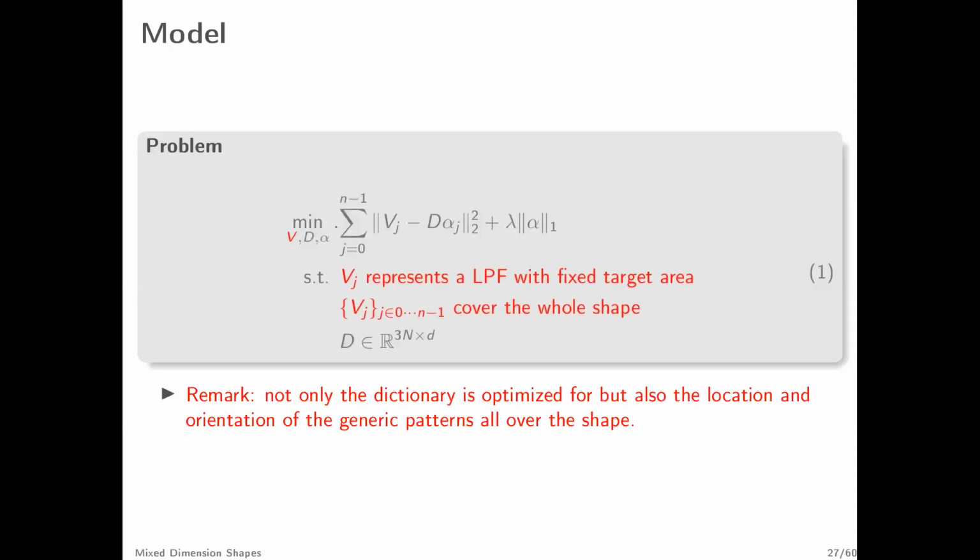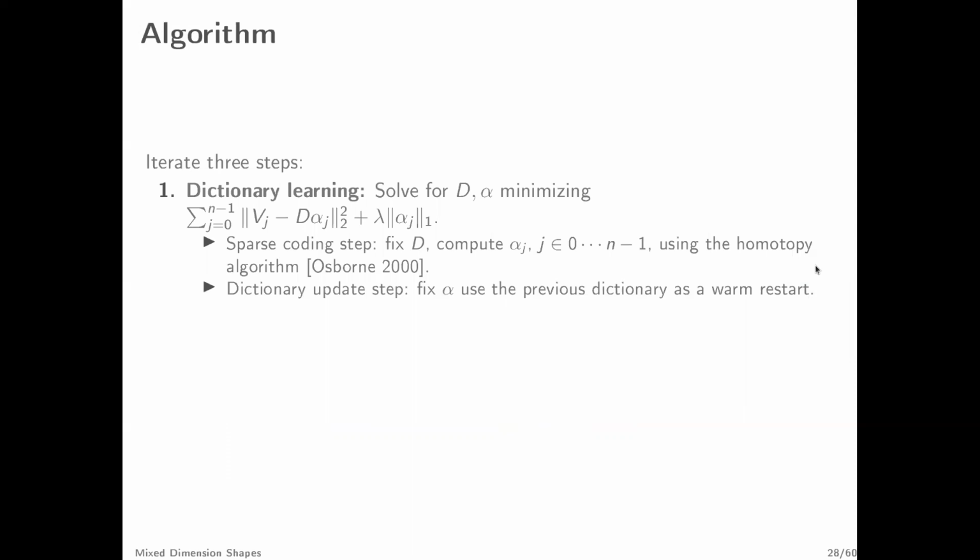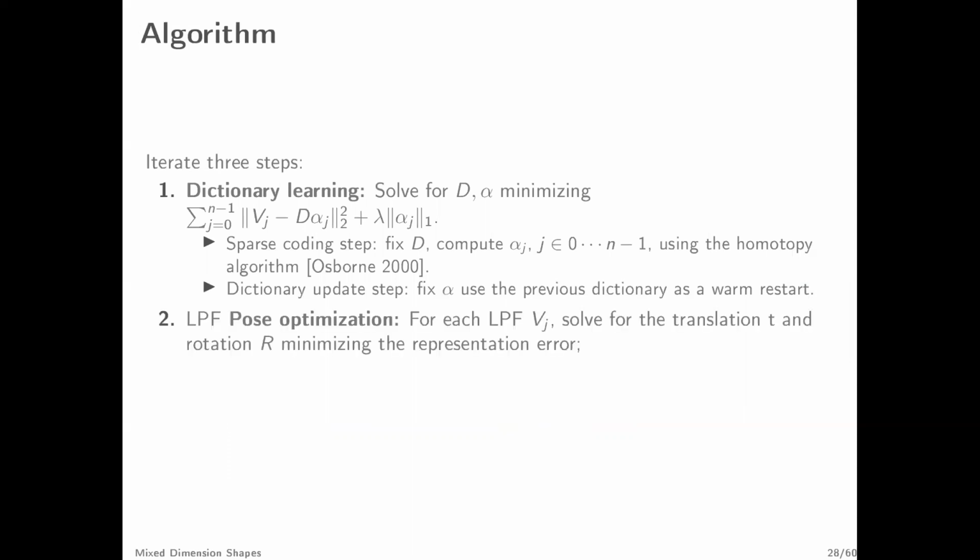What is new here is that we also try to improve the representations themselves. And for that, this builds a non-trivial representation optimization problem. It can still be solved in an iterative fashion, alternating between dictionary learning, pose optimization, and update of the representation.